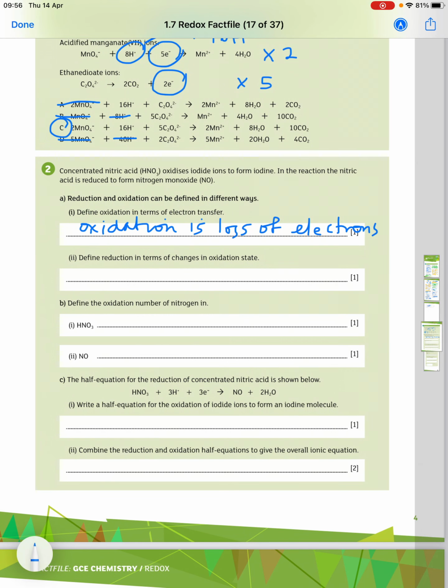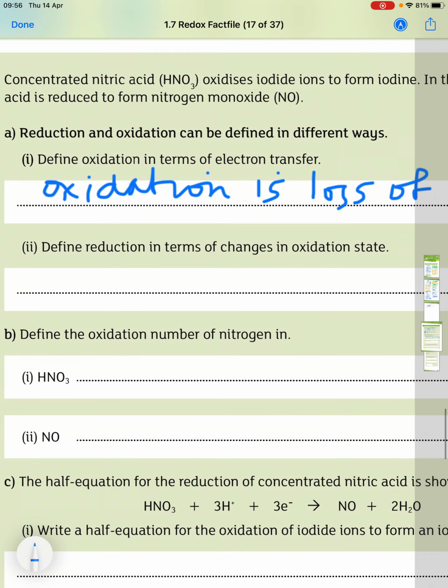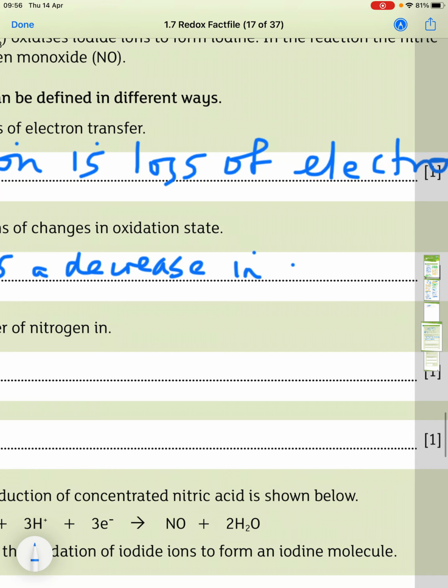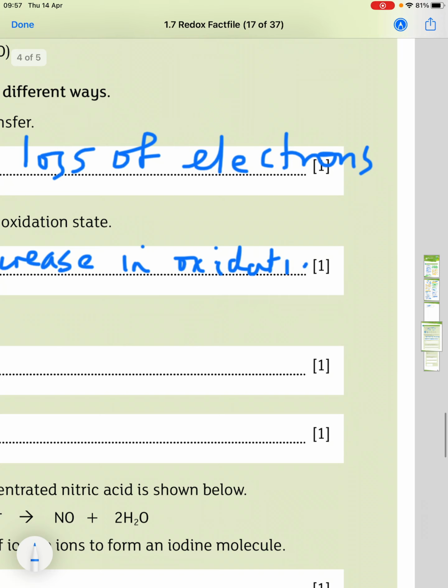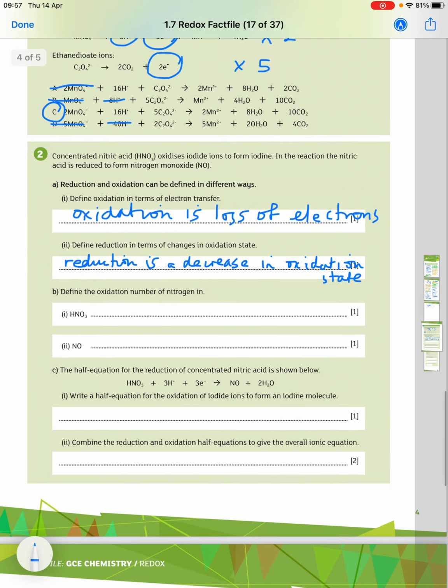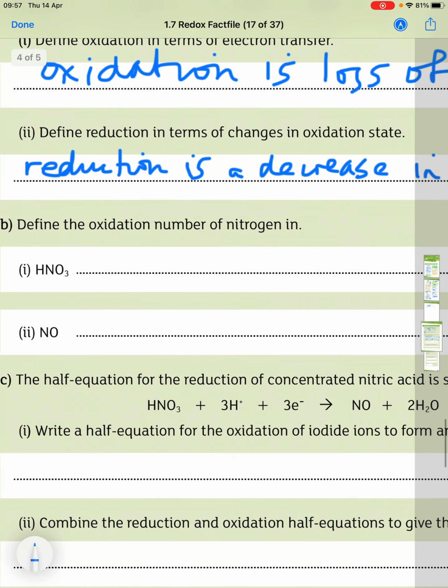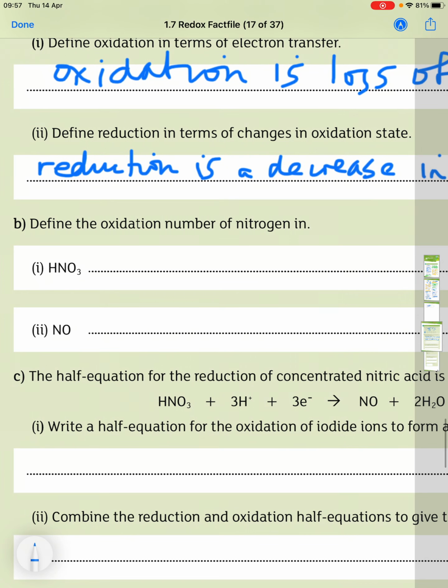Define reduction in terms of changes in oxidation state. So in this case, we're going to say reduction is a decrease in oxidation state. Now, define the oxidation number of nitrogen in these two compounds.